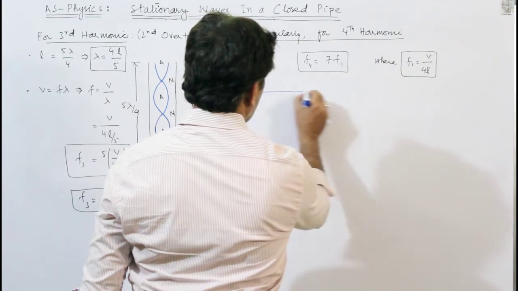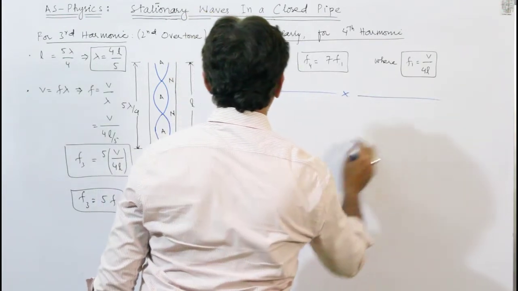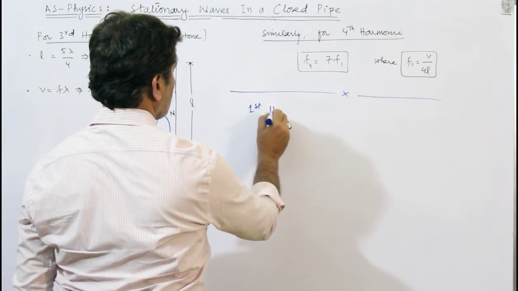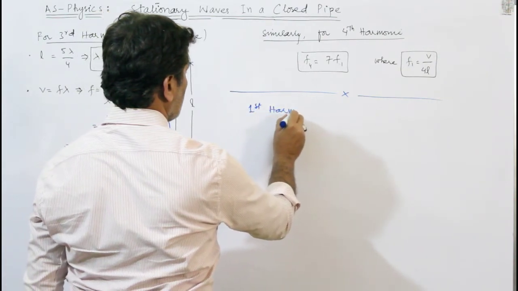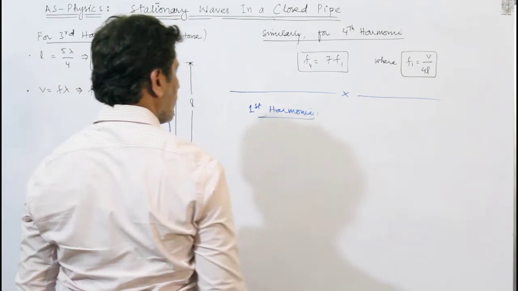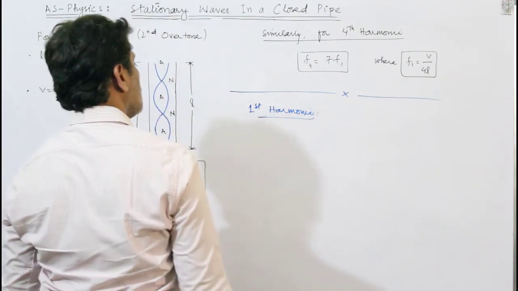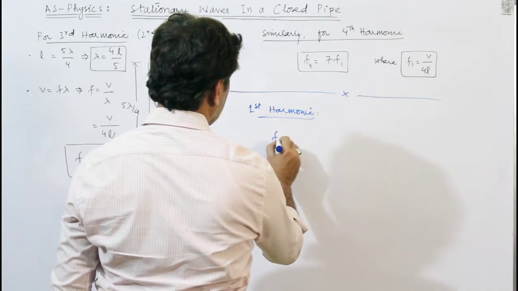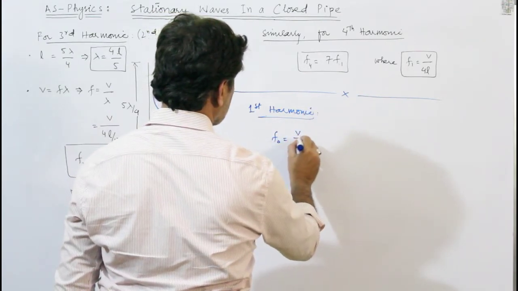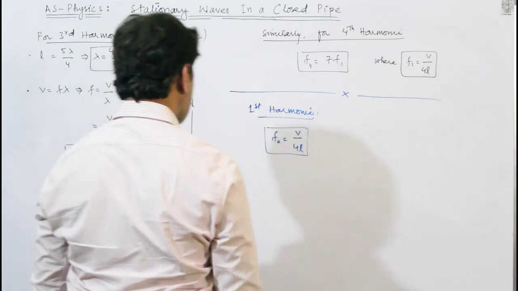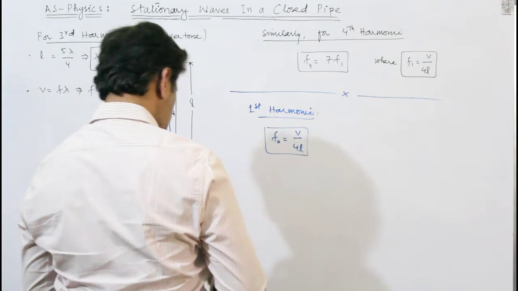For example, if we talk about the first harmonic, that is the minimum frequency of the sound waves by which we generate the first loud sound. Its frequency can be written as F0 is equal to V over 4L, as you have in your written lectures.